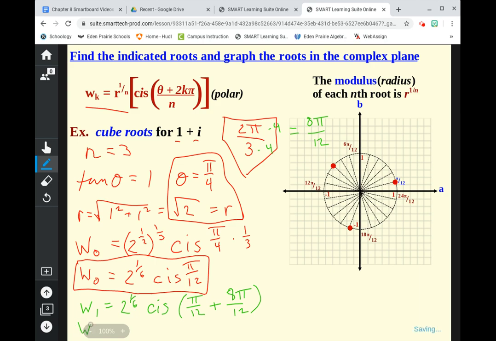W sub 1 is equal to 2 to the 1/6 power cis. If I add pi plus 8 pi, I get 9 pi over 12, which simplifies to 3 pi over 4. There is W sub 1.